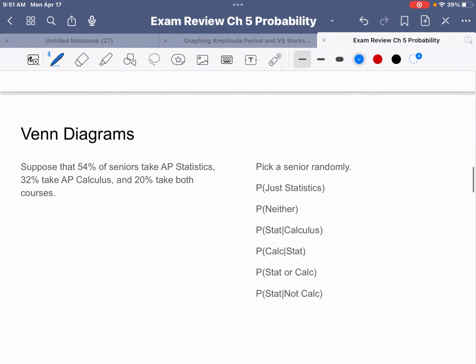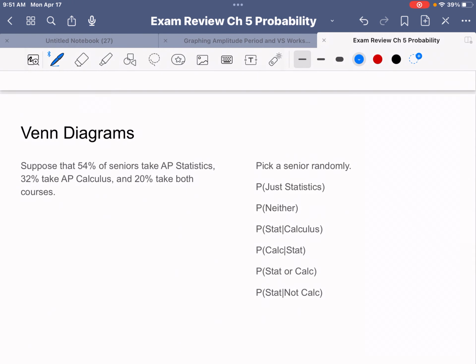Venn diagrams. Using Venn diagrams and how to know when to use it. When you read a word problem like this one, where it says a certain percentage do both things, that's usually your hint that you should use a Venn diagram. So let's try this out. Suppose that 54% of seniors take AP Statistics, 32% take AP Calculus, and 20% take both.